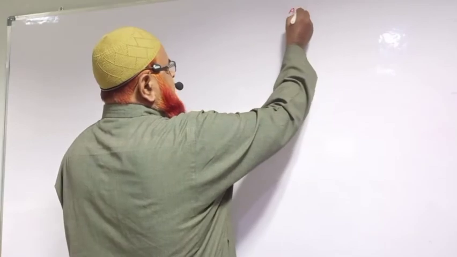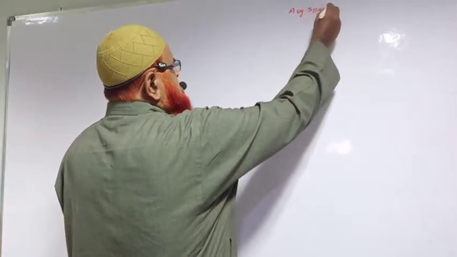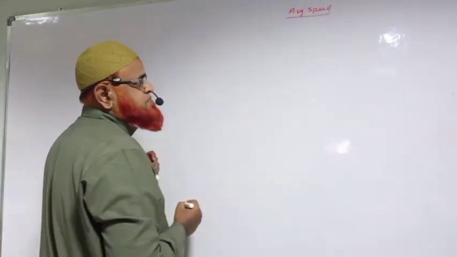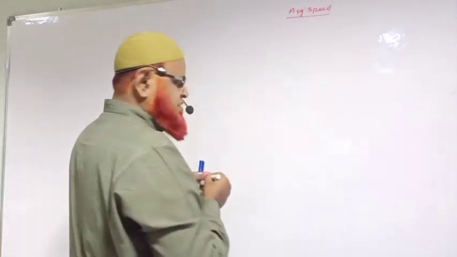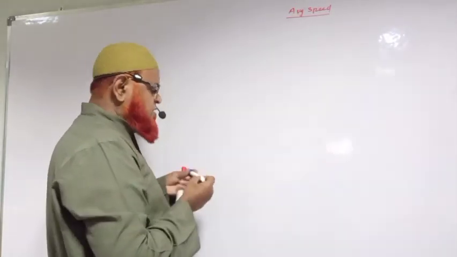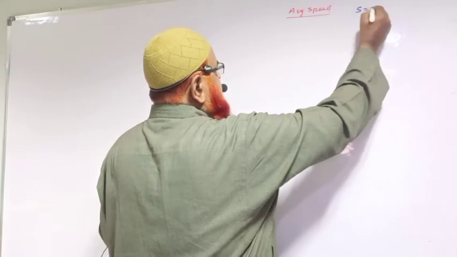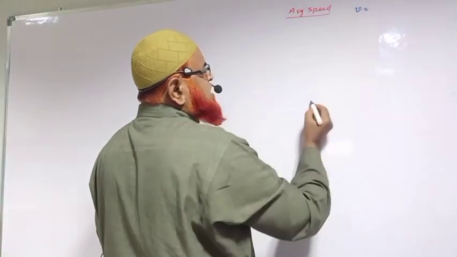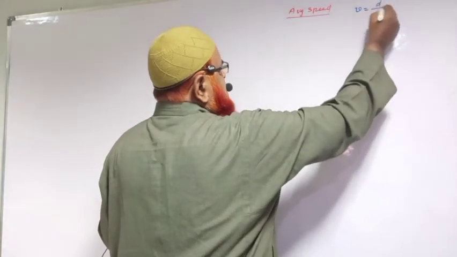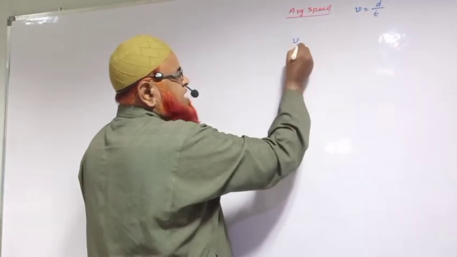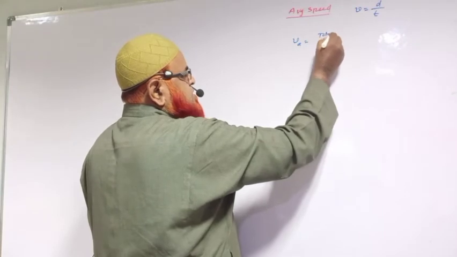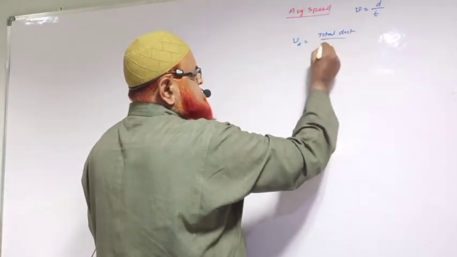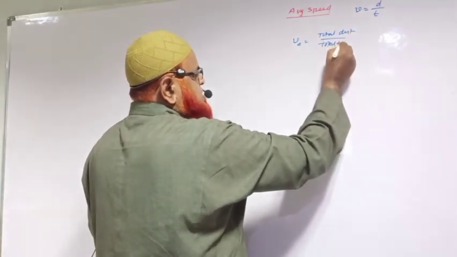We shall discuss average speed. What do you mean by average speed here? You all know that the general formula for speed, we'll denote speed as V, is nothing but distance by time. But average speed is nothing but total distance by total time.